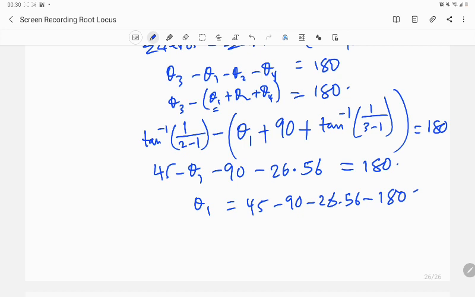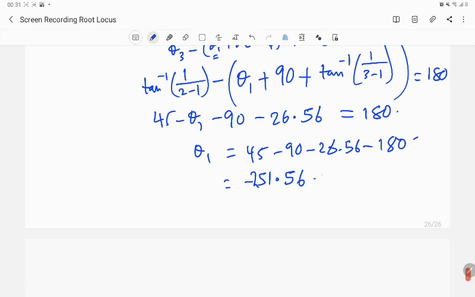If you do this, what is that going to give you? Let's point it. So 45 minus 90 minus 26.56 minus 180, and that is minus 251.56 or... that is minus 51 or 251.56.